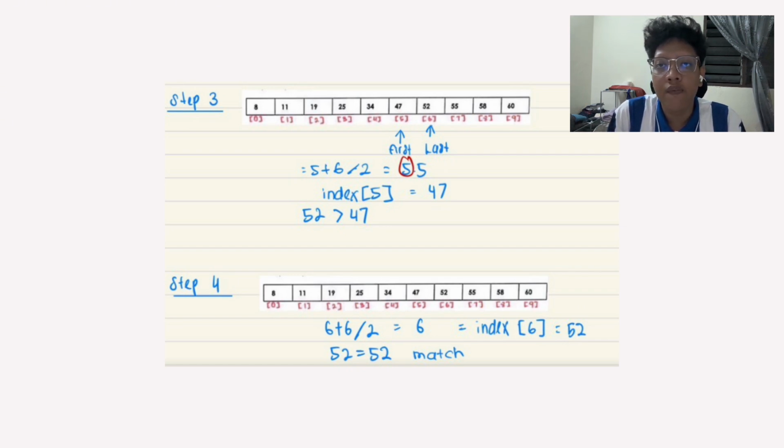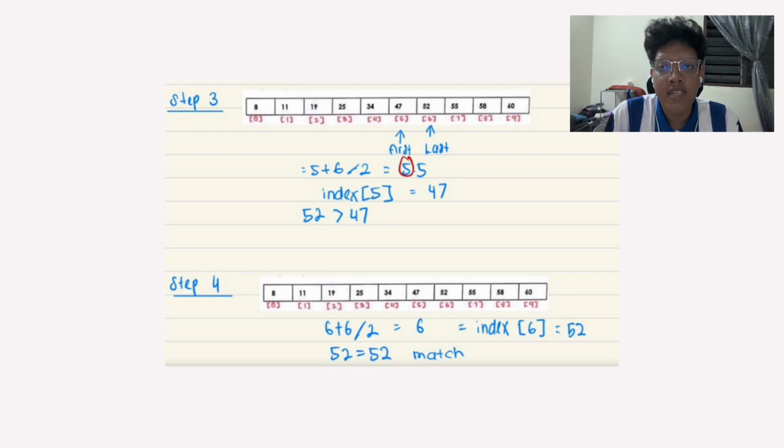You will get 5.5. And like I said before, you need to take the left value, which is 5. So index 5, its data is 47. So 52 is bigger than 47. So proceed to the last step.